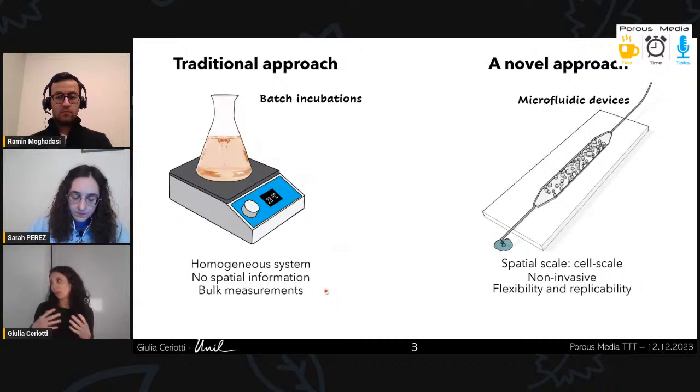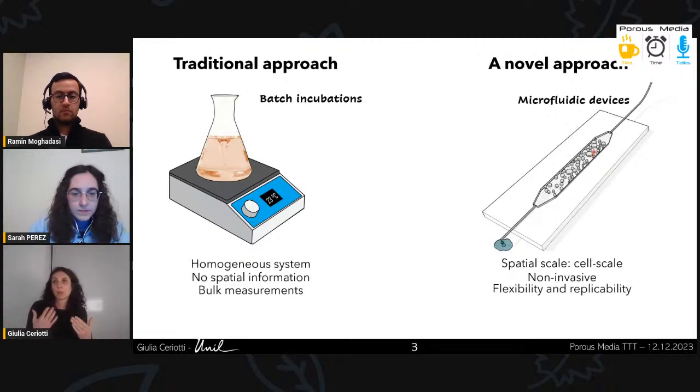One of the most commonly used now is microfluidics devices. Microfluidics devices are very tiny chips that we can etch with any desired geometry. So for example, we can replicate the structure of sands, grains, soils, whatever we like. And these are fully transparent and they can be placed on the microscope.